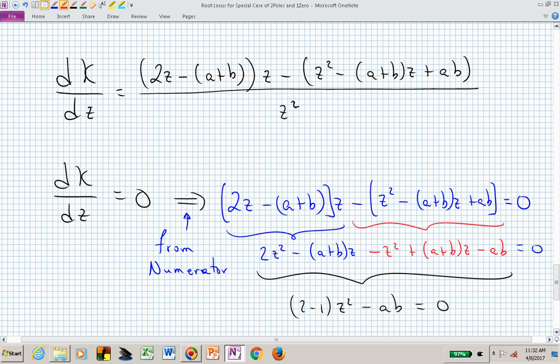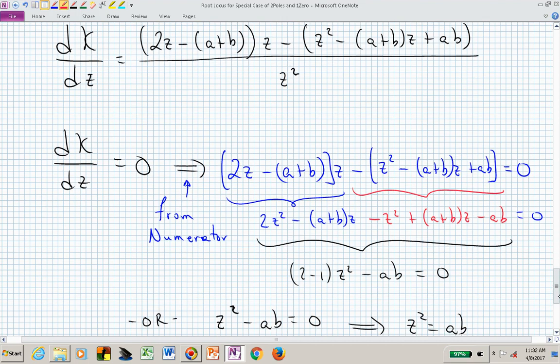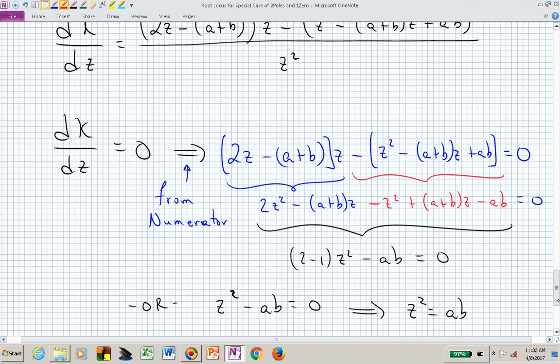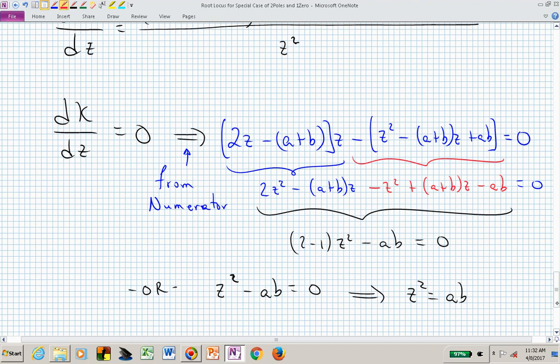So I have 2 minus 1 times Z squared. The linear term in Z, I have a minus A plus B Z, and I have a plus A plus B, that quantity times Z. Those cancel, and I am left with minus AB, my constant piece, which is equal to 0. Well, 2 minus 1 is just 1, so that gives me Z squared minus AB equaling 0, or Z squared is equal to AB, and I'm trying to find the value of Z that satisfies that equation.